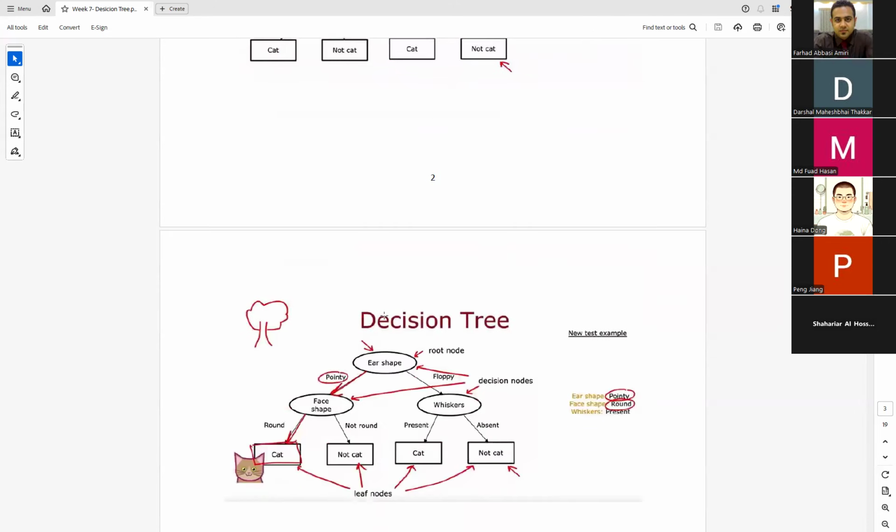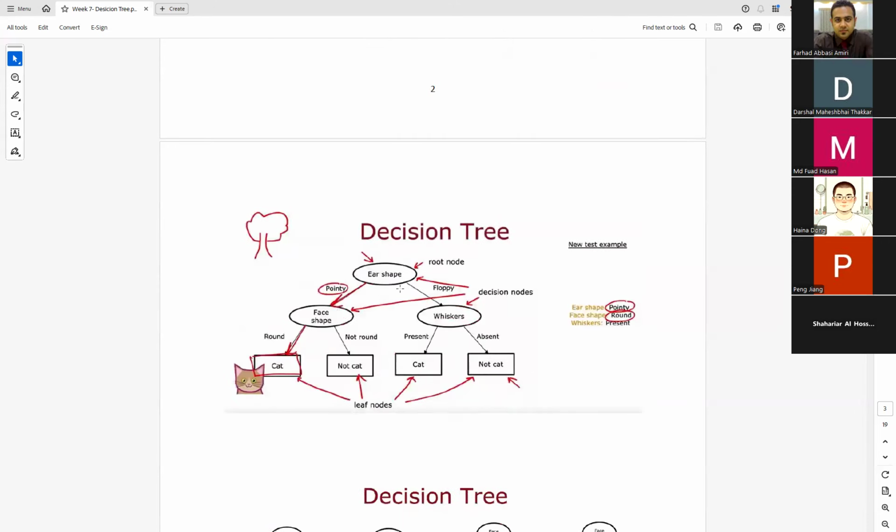If we go one level further downward, the ovals below the root node are called decision nodes.